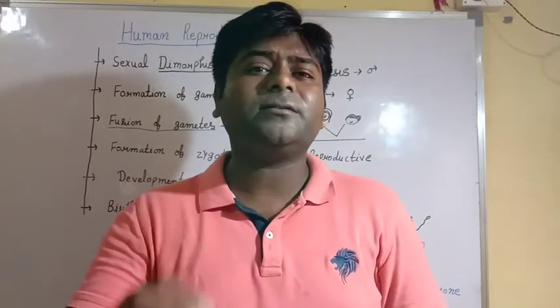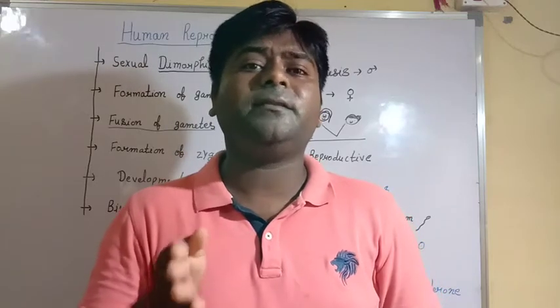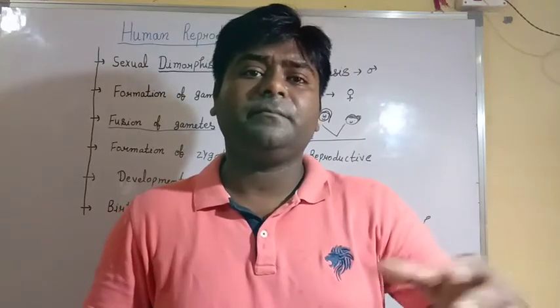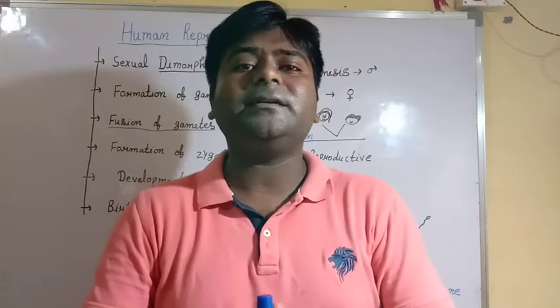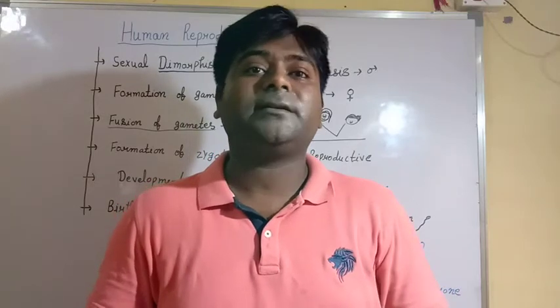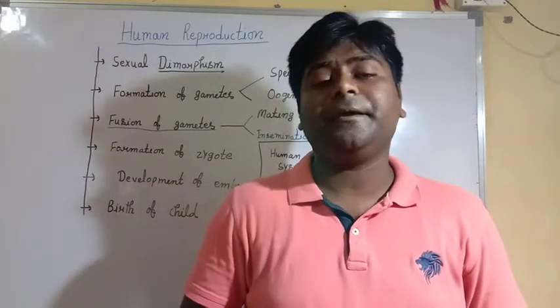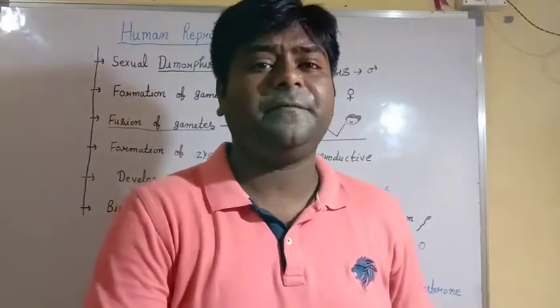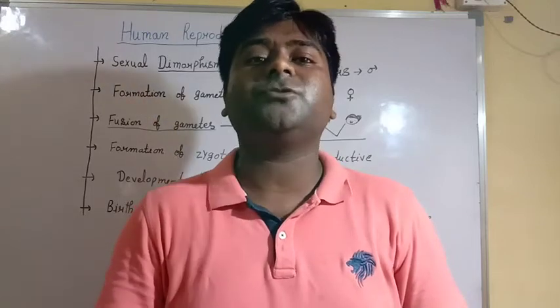Copulation does not result in fertilization all the time. Humans can inhibit this process. Copulation, mating, does not always result in fertilization. Remember this point. But it is the initial step. Whenever we have mating, the biological word for which is copulation, we have chances of fertilization.